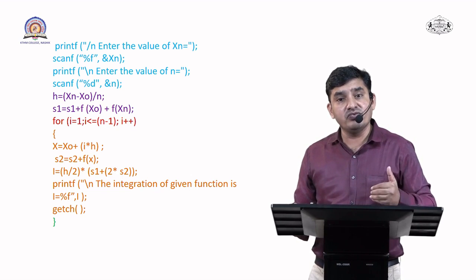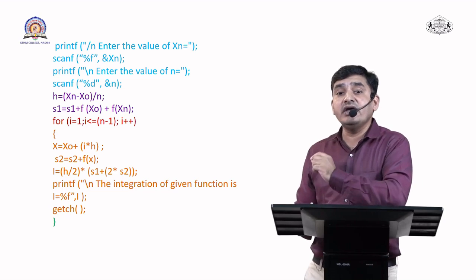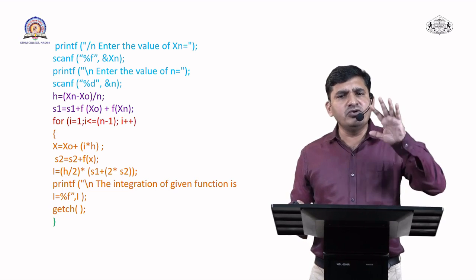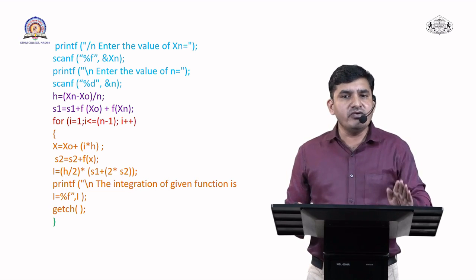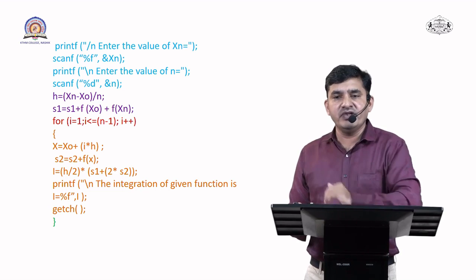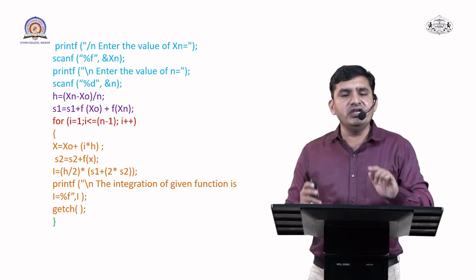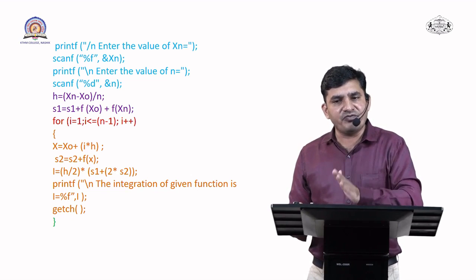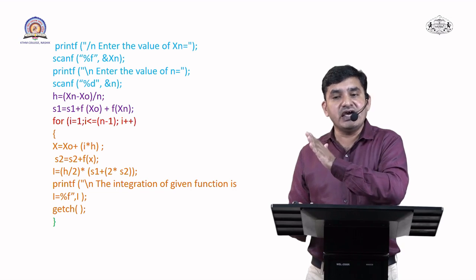Then i is incremented up to n minus 1, because now we have to find the term 2 in bracket y1 plus y2 plus y3 and so on up to yn minus 1, that is 2 in bracket f of x1 plus f of x2 plus f of x3 and so on up to f of xn minus 1.